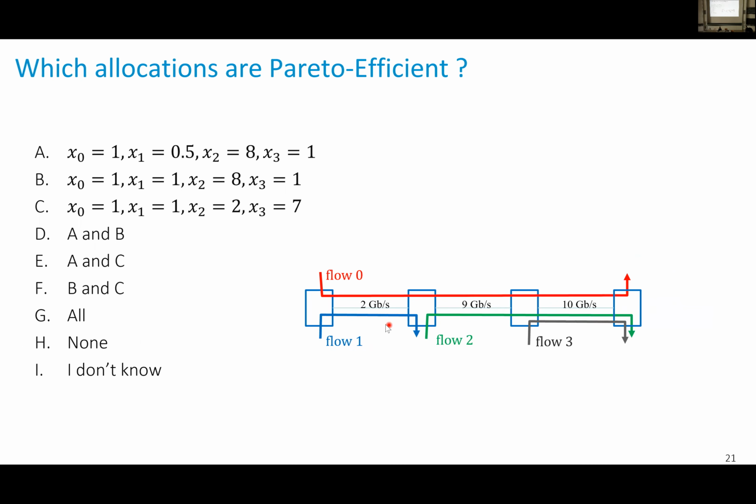Hopefully, it's not the only one. So here is a slightly different example. Here, I have 1, 2, 3 links. I have 4 flows. And here are 3 possible allocations. Which allocation is Pareto efficient?